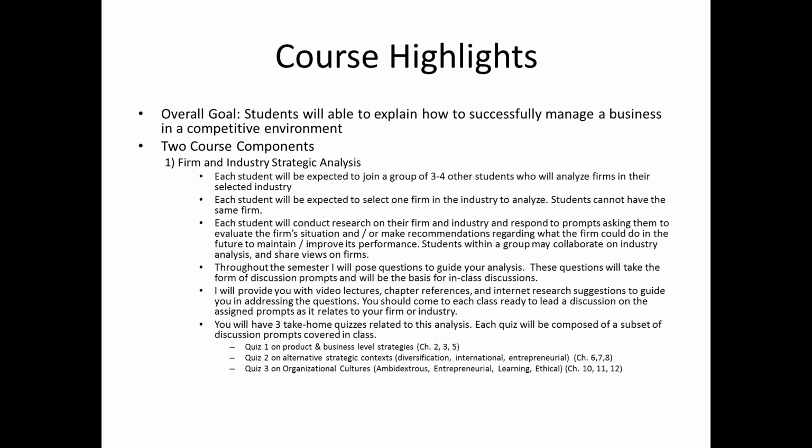So you'll select an industry, and then each student within the group will select one firm in that industry to analyze. And you can't have 2 students in the group having the same firm. We also can't have 2 groups having the same industry in the class, and so all of this will be done on a first-come, first-served basis as relates to your group.